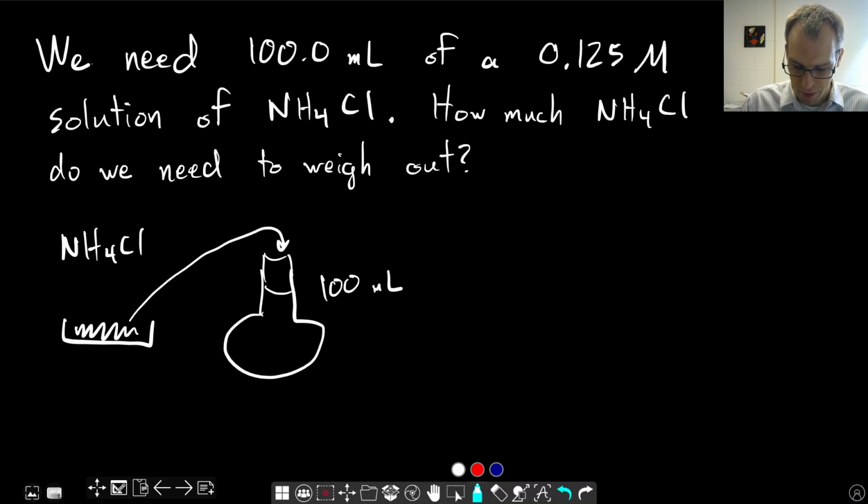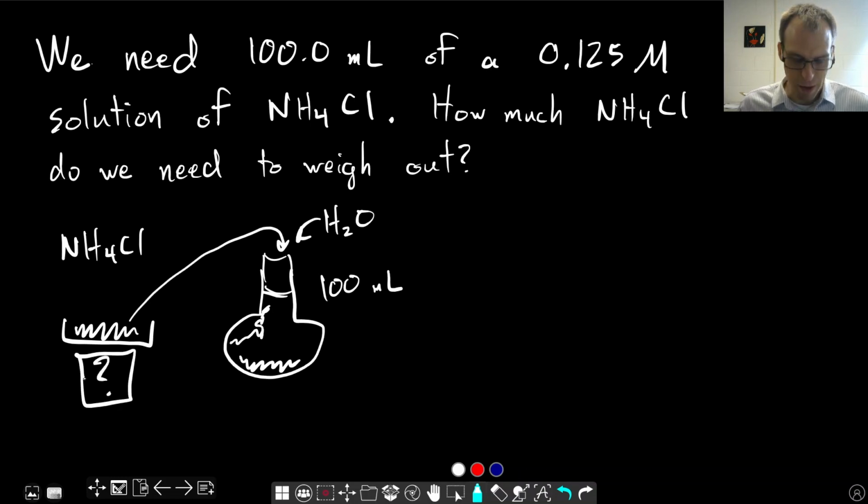Your ammonium chloride will go in first, and then you will add water and fill this up to the line, and that will make your 100 milliliters of solution. So the question is, on this step over here, how much ammonium chloride do we need to weigh out?